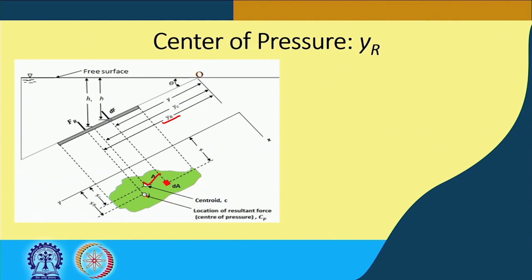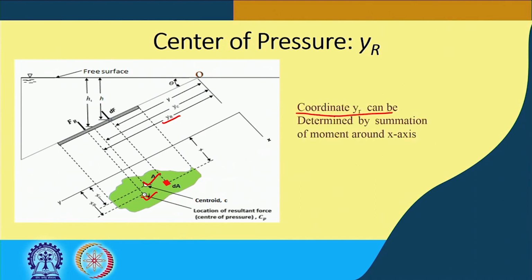Centroid is here, this is the center of pressure, YR, which is not equal to YC. Good. In that case, coordinate YR can be determined by summation of moment around the x axis. So, for finding YR, the moment equilibrium should be done around the x axis.